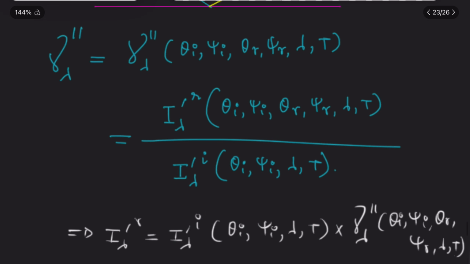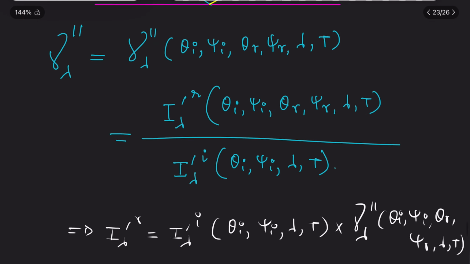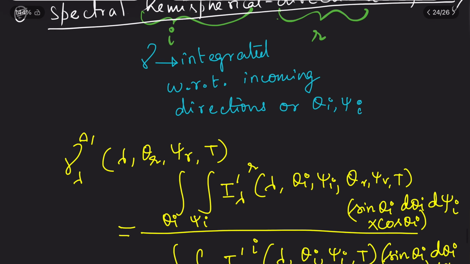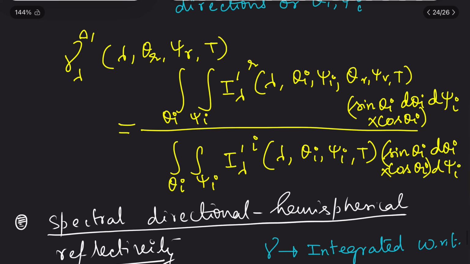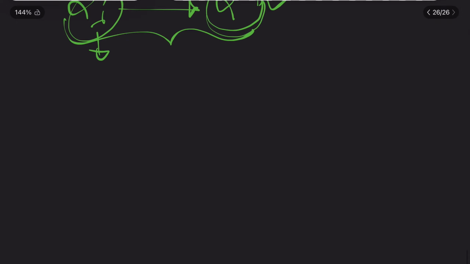I think it is also clear. And please mind this cos theta thing, because in examinations also people make this mistake. This cos theta thing should be there. They just integrate with respect to d sigma, the mistake which I made. Lastly, I will end this lecture by stating Kirchhoff's law.